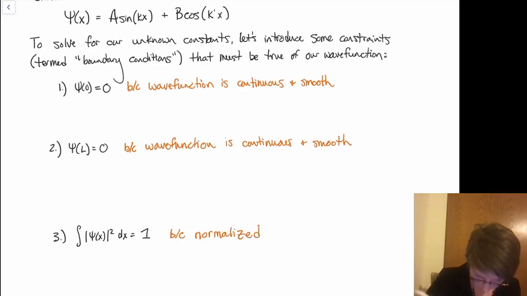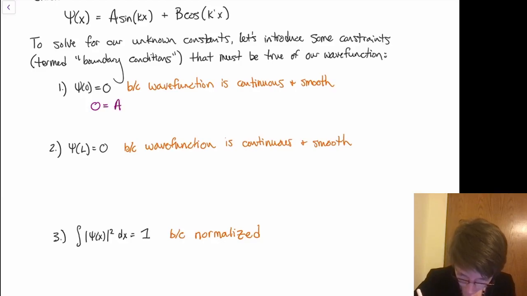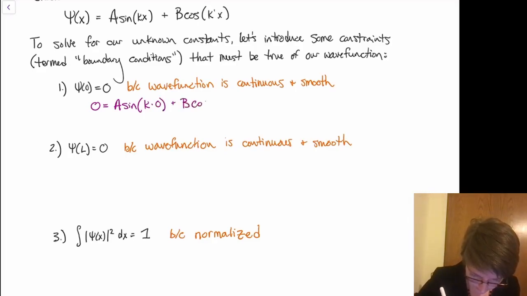Let's think about each of these conditions in turn and see if we can solve for these unknown constants. If psi of 0 is equal to 0, that must mean that 0 is equal to a sine of k times 0, because we're substituting in 0 for x, plus b cosine of k prime times 0.